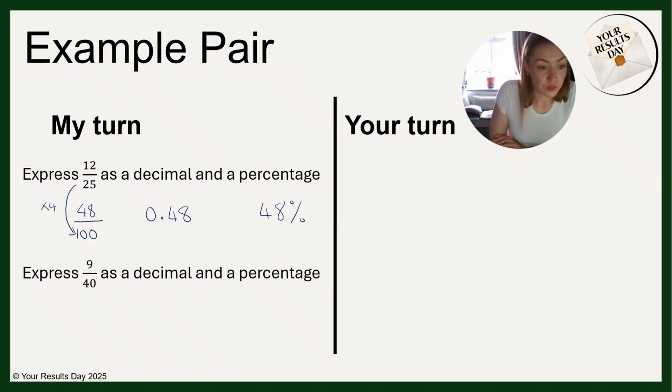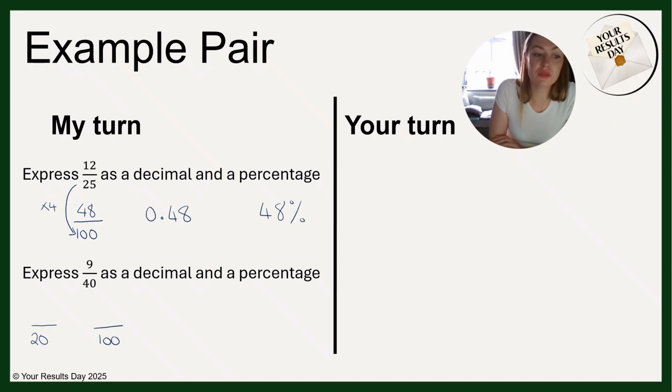Same for this next one. I want it to be over 100, but depending on how confident you are with multiplying, you might not know what to multiply 40 by to get to 100. But we can use what I like to call a stepping stone. So if we can get this to be over 20, then we can go from 20 to 100, or maybe over 10 to 100.